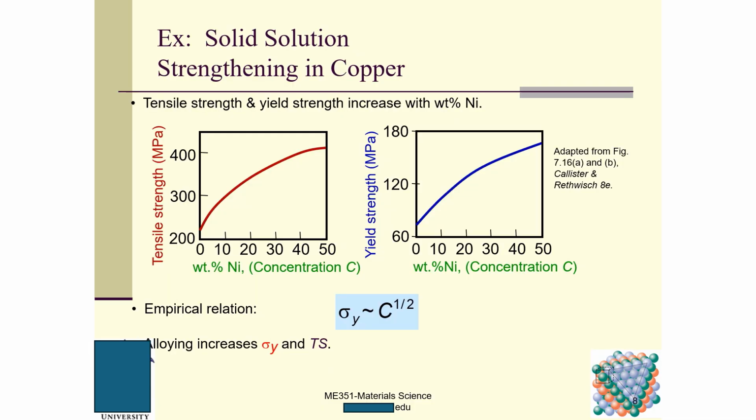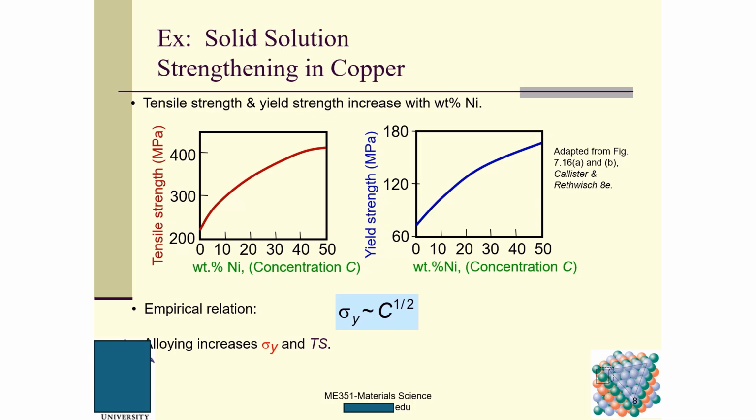To give you an example of solid solution strengthening in copper, tensile strength and yield strength increase with weight percentage of nickel. Suppose copper is the host material, with copper host atoms, and we have nickel atoms to form the solid solution.